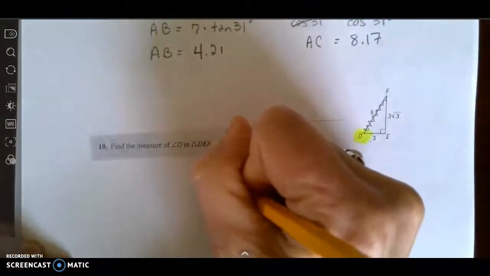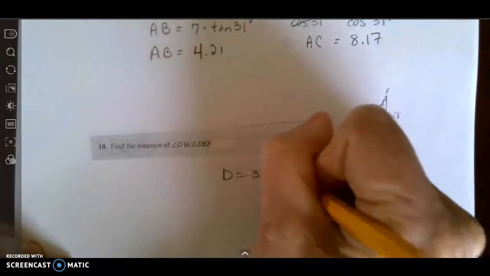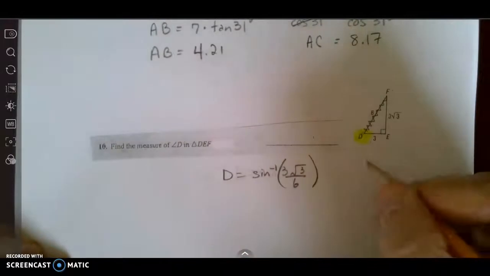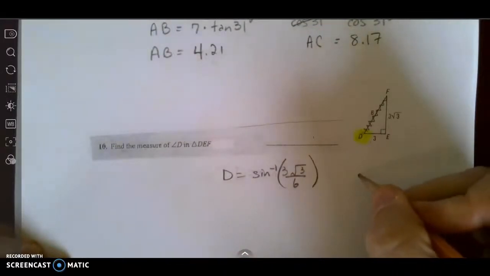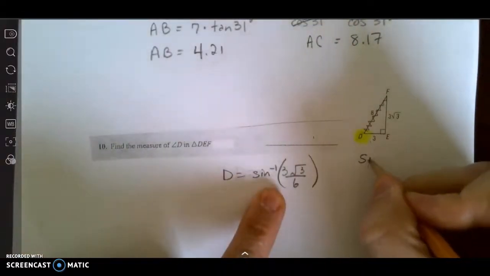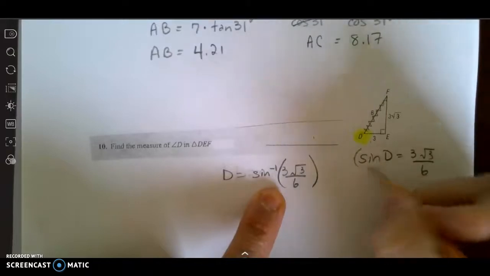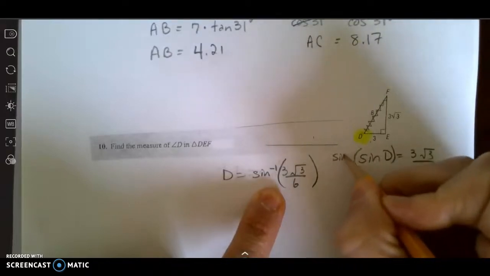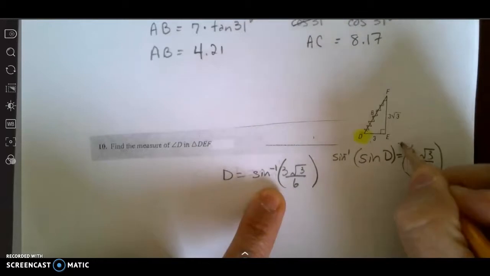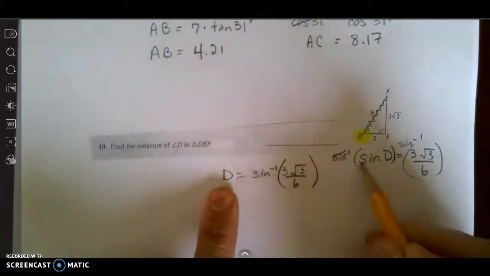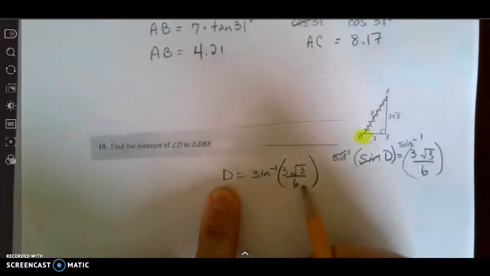I'm sorry, I'm not trying to confuse you guys here. Because we know that the sine of D equals 3 times the square root of 3 over 6. So then I take the inverse of both sides. And that is why D, those cancel, equals the inverse sine of 3 square root of 3 over 6.